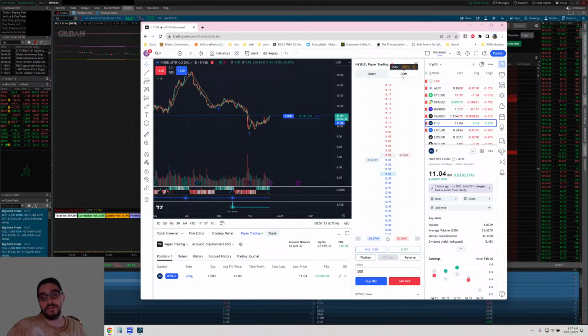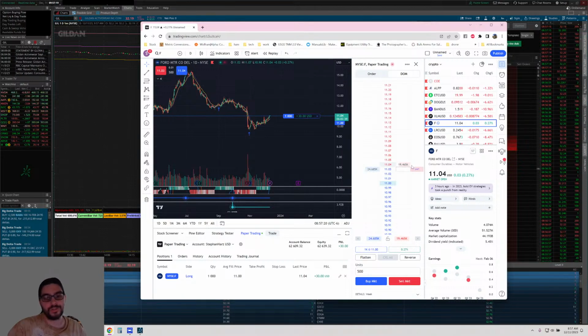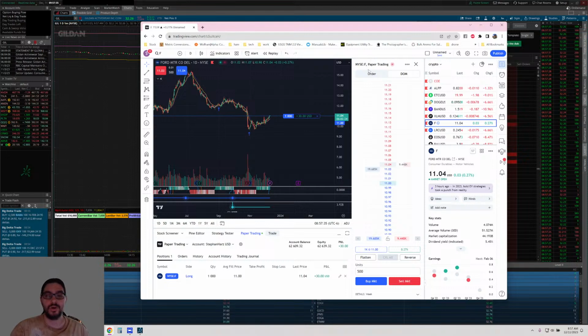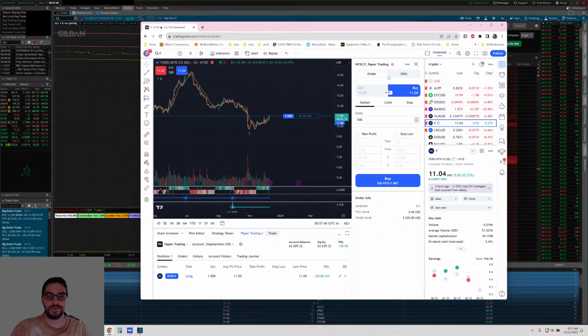This is called depth of market. That's what that means. And so you can see how many shares are sitting on either side of the position. This side is the purchasing, this side is the selling. Okay, so this is all red is selling, blue is buying. Kind of knowing what that looks like is good to know, but something you probably don't need to worry about. That's really more of a crypto thing that people use in crypto.